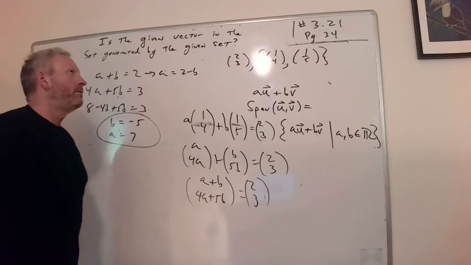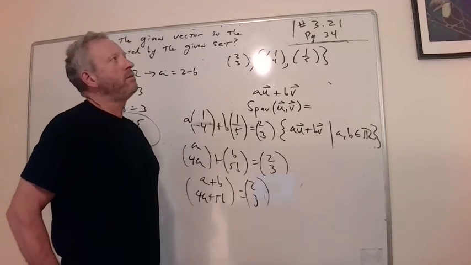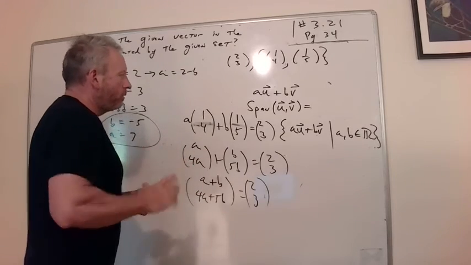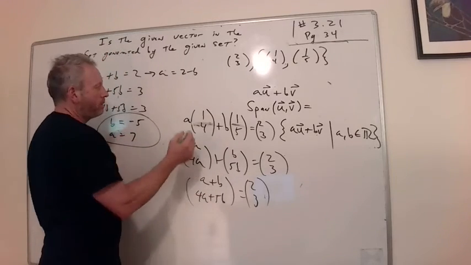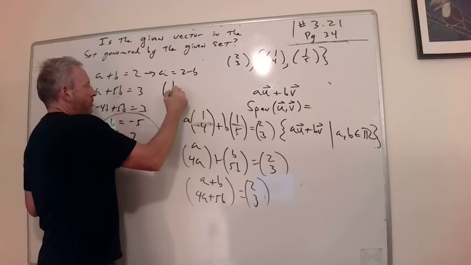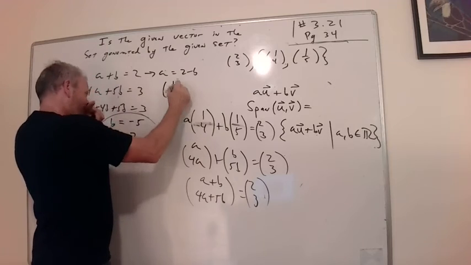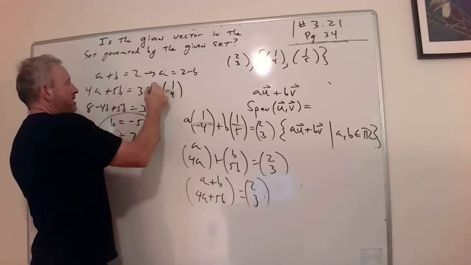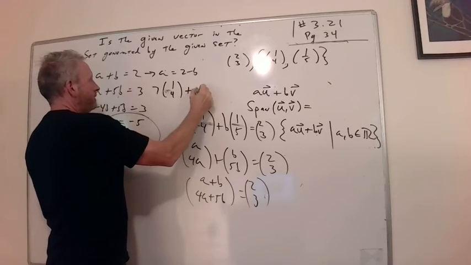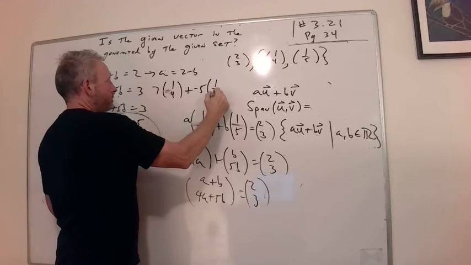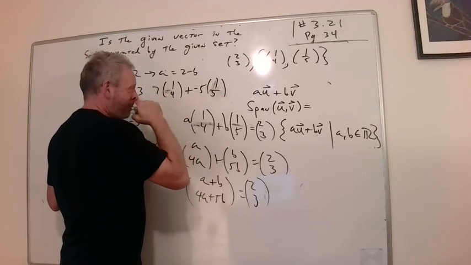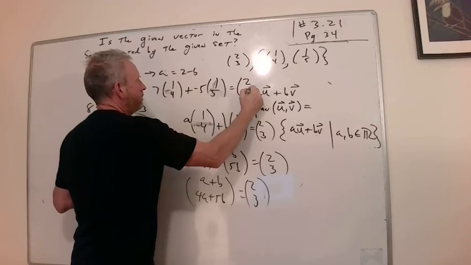What would be kind of nice, I suppose, is if we had some software that would graphically show this. So what would we want to see on the software? We want to be able to somehow enter this vector (1, 4), multiply it by a, which is 7, and add it to negative 5 times this vector (1, 5), and that's supposed to equal this vector (2, 3).